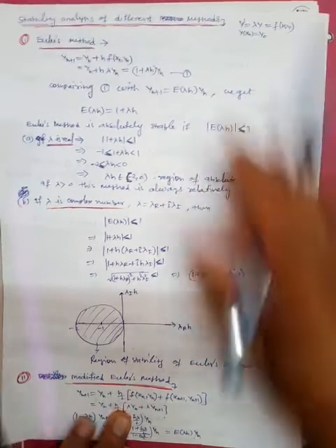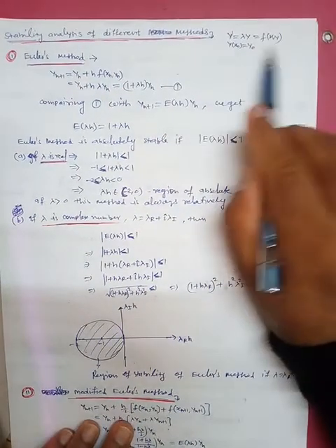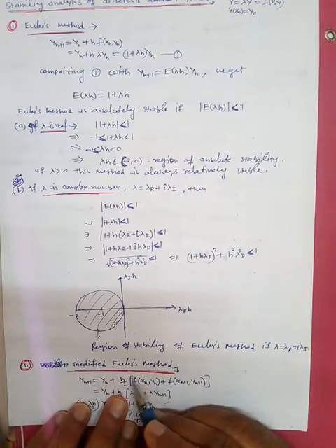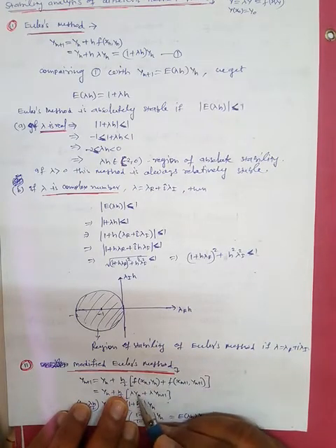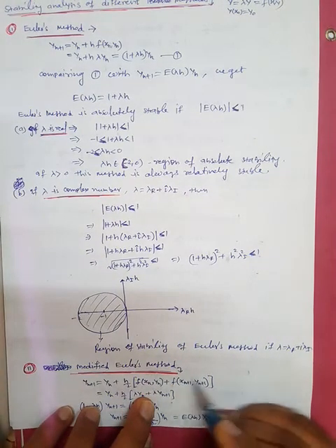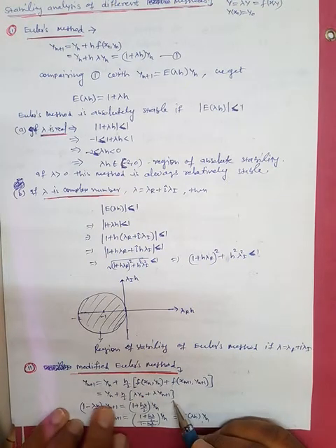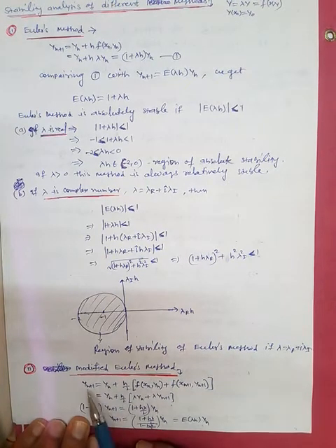Since our reference equation is this, we will replace f by λy. When we replace, we get λy_n, and similarly, with the help of the reference equation, we get λy_{n+1}. So y_{n+1} = y_n + (h/2)(λy_n + λy_{n+1}).